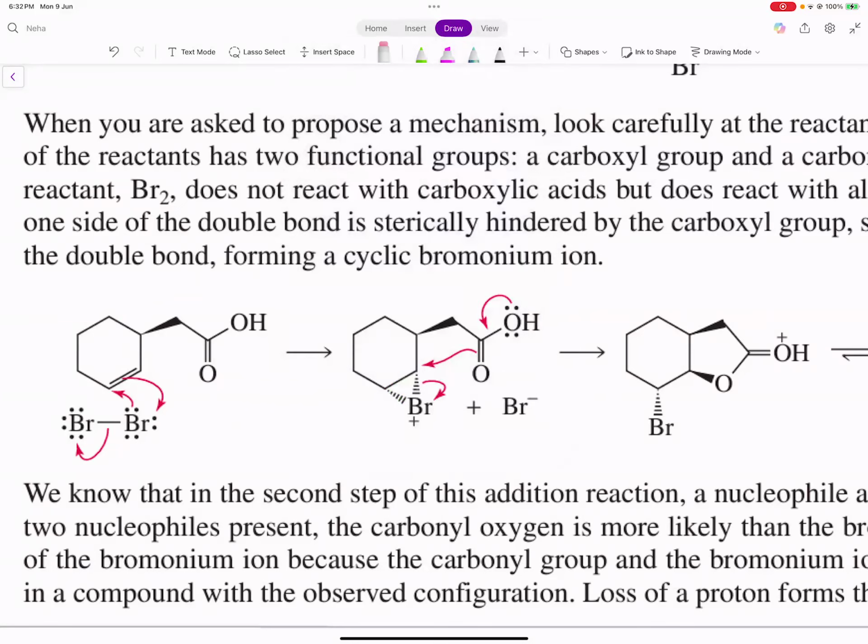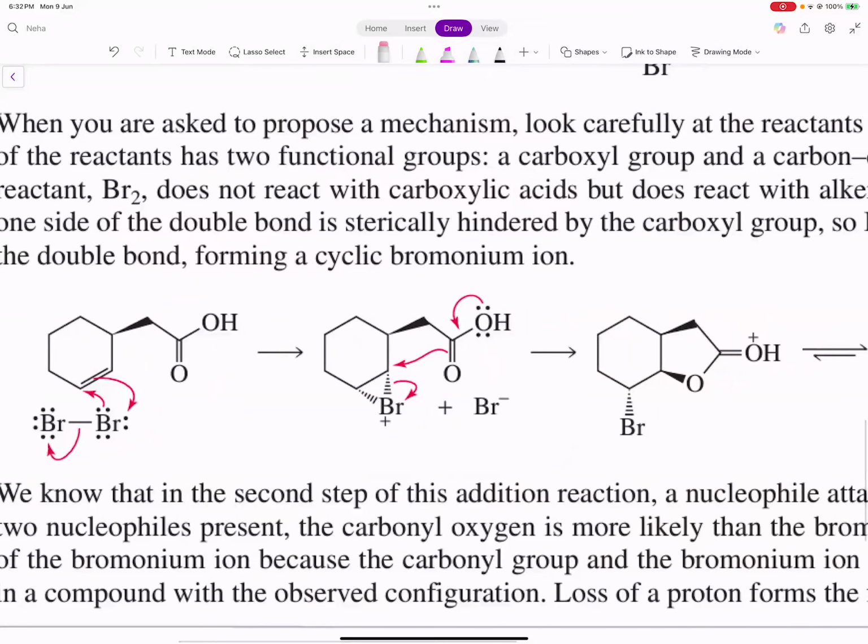That is the first thing I want to tell you. Now the nucleophile can be either Br minus or oxygen can also act as a nucleophile, and oxygen will be in a better position because it is intramolecular. Which of these oxygens will be attacking? This one. Why? Because it has greater electron density.